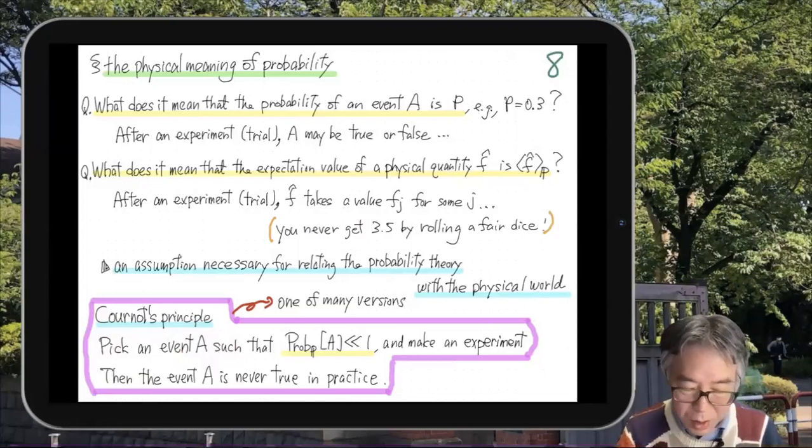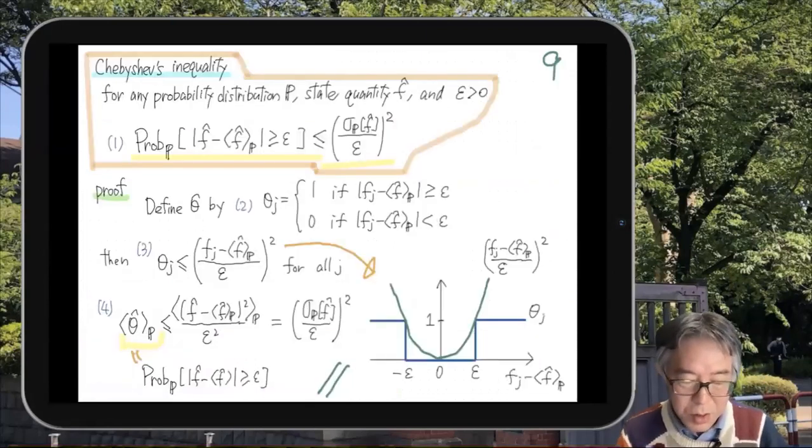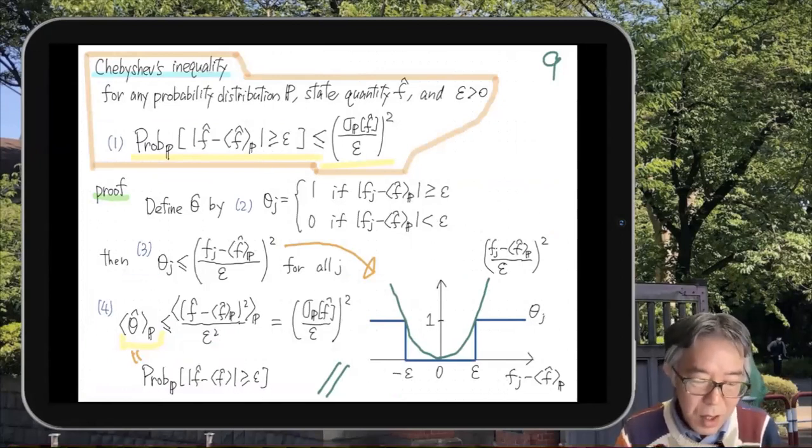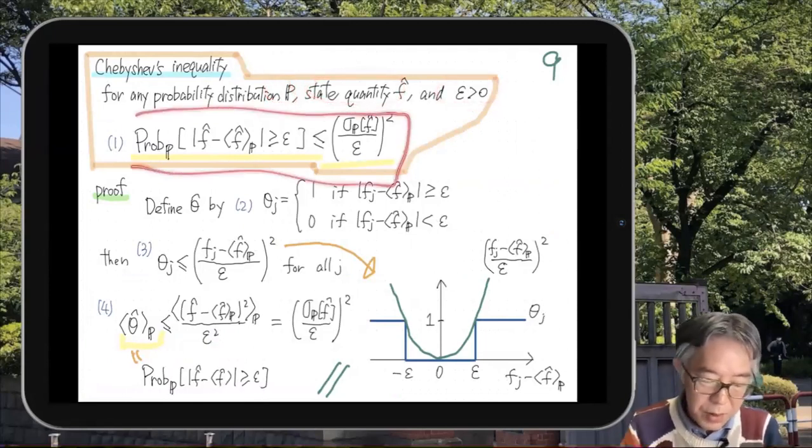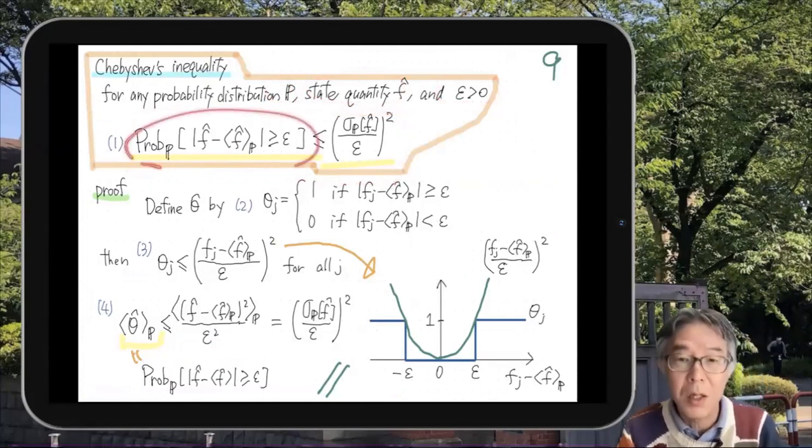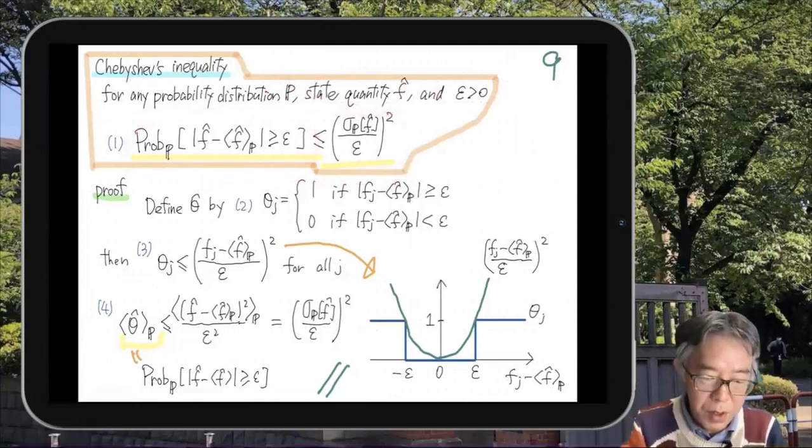Okay, so we need one more thing, which is very standard mathematics. You find this in any textbook in probability. That's called Chebyshev's inequality. And it says that for any probability distribution P, any state quantity f and any positive number epsilon, this inequality is valid. What is this? The left-hand side is the probability of this event.